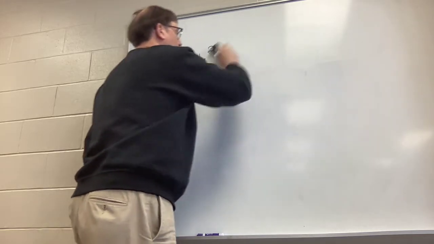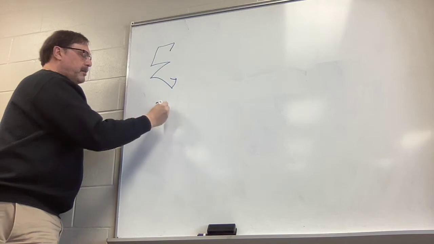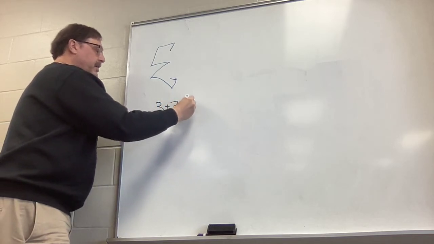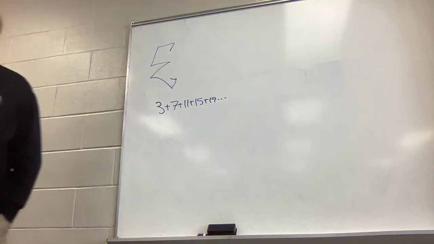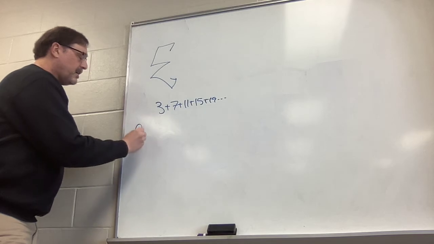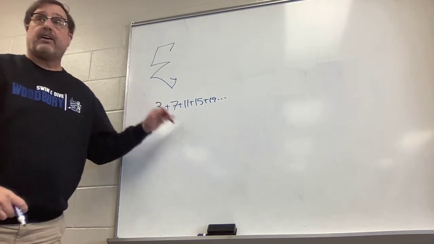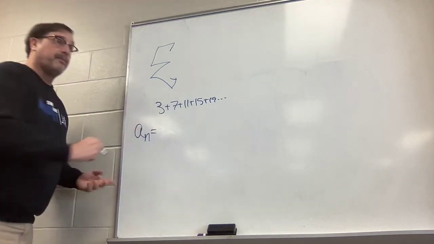I'm about to throw a quick review into this. 3 plus 7 plus 11 plus 15 plus 19 and so on. Did I write that on the board? One of the first things I did mathematically. Is this arithmetic? Do we add the same every time? Cool. A sub n equals, the formula says a sub 1.